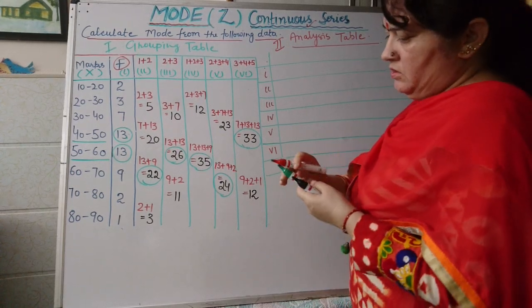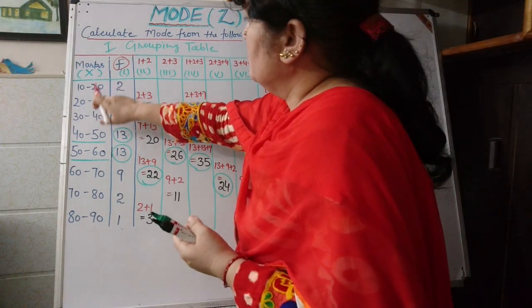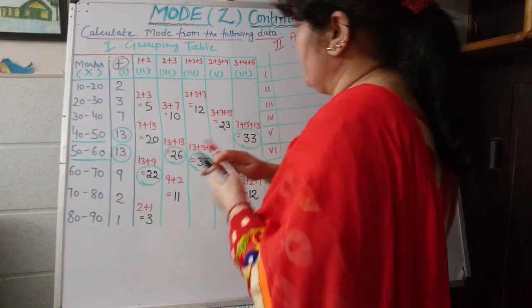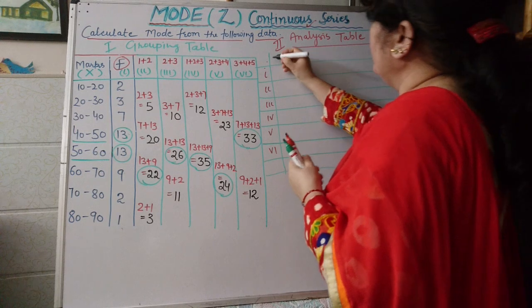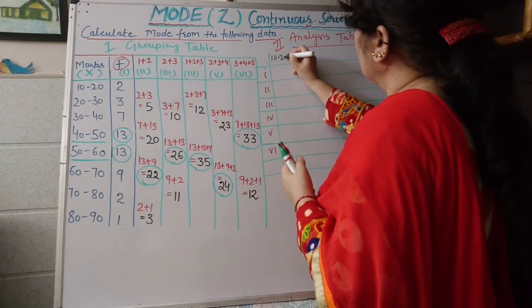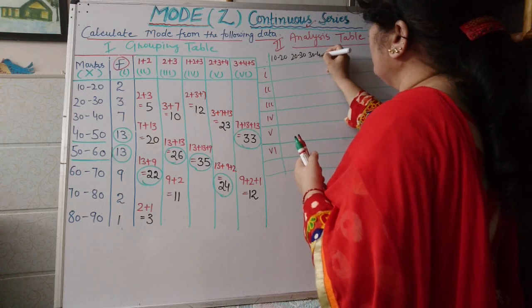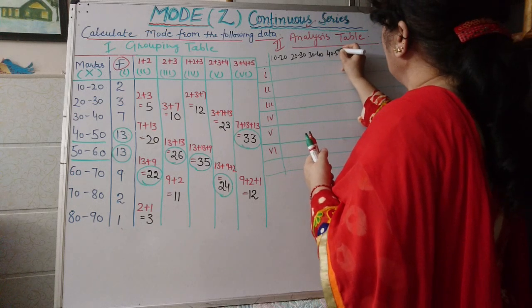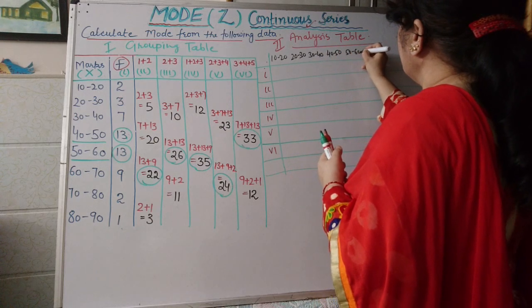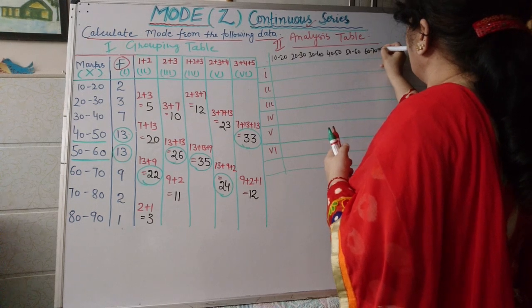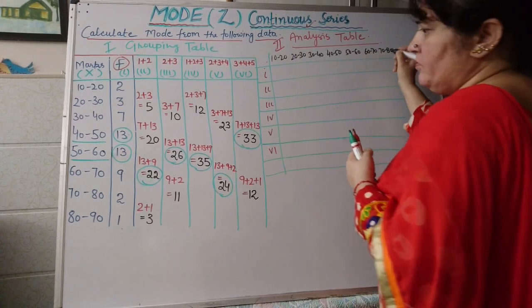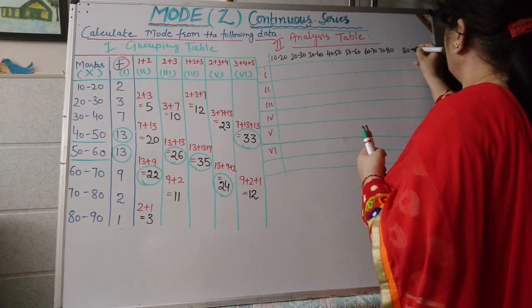And the columns will be the class intervals: 10 to 20, then 20 to 30, 30 to 40, 40 to 50, 50 to 60, 60 to 70, 70 to 80, and last one is 80 to 90.